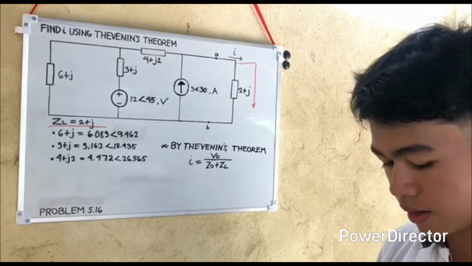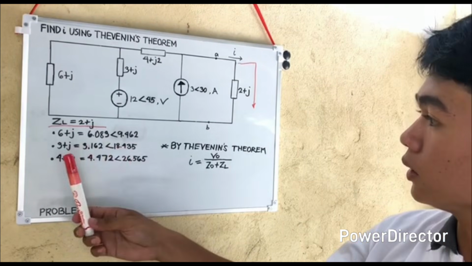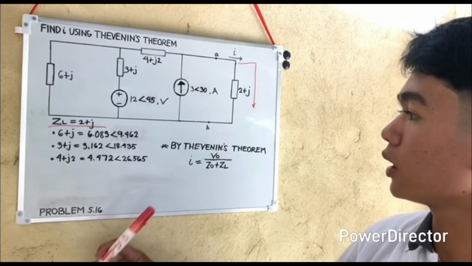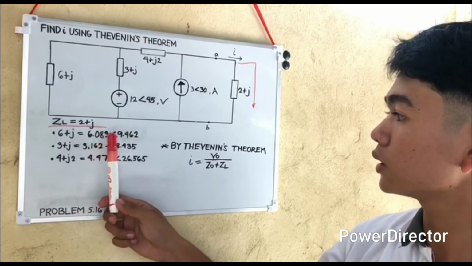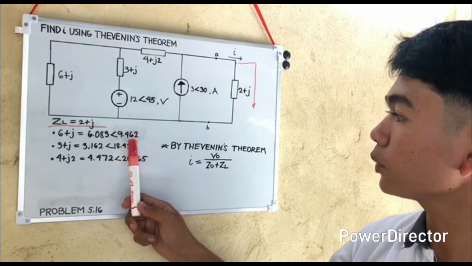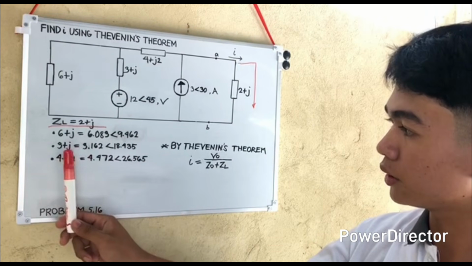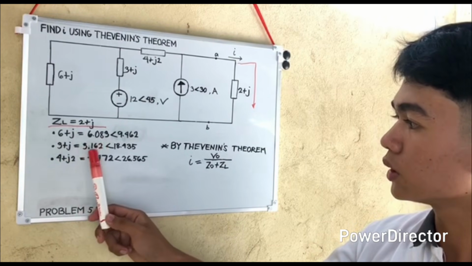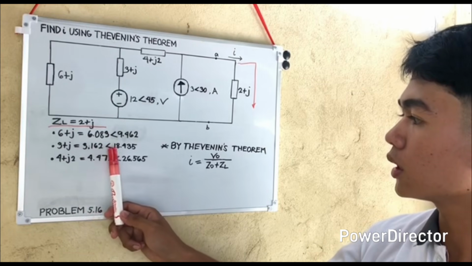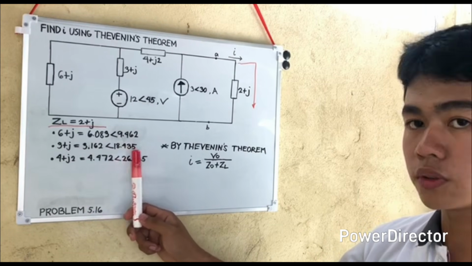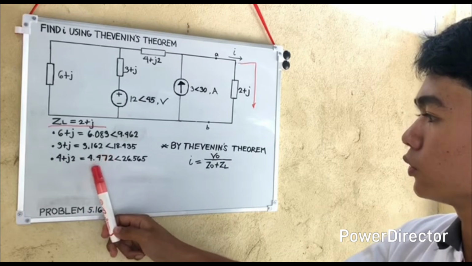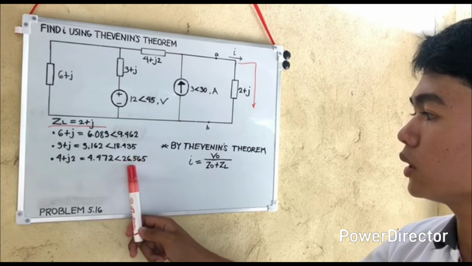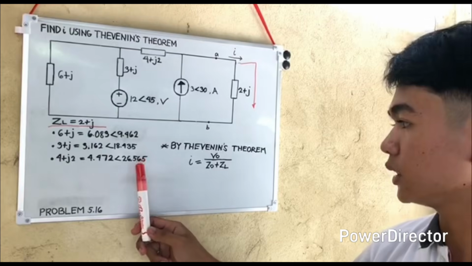This is our given, converted into polar form: 6 plus j is equal to 6.083 angle 9.462, 3 plus j is equal to 3.162 angle 18.435, and 4 plus j2 is equal to 4.472 angle 26.565.